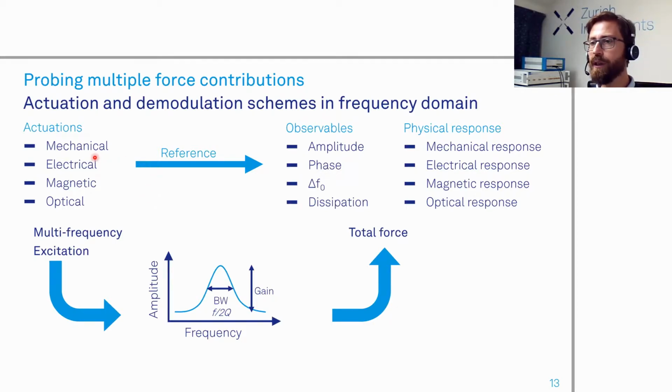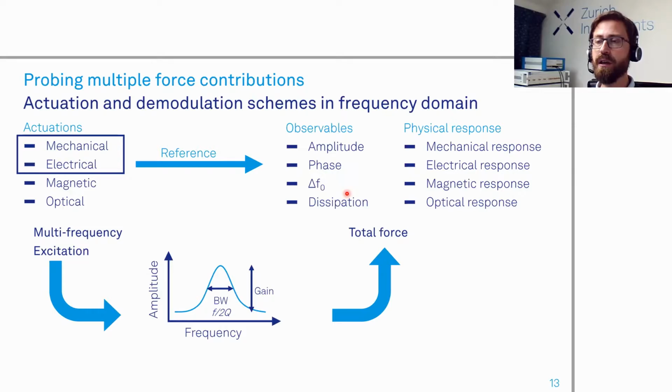Now you can, for instance, link some of the mechanical reference to some mechanical phase that you measure, and then to some mechanical response. Or you can look at a magnetic actuation that maybe creates some dissipative processes that you can link to some magnetic response.